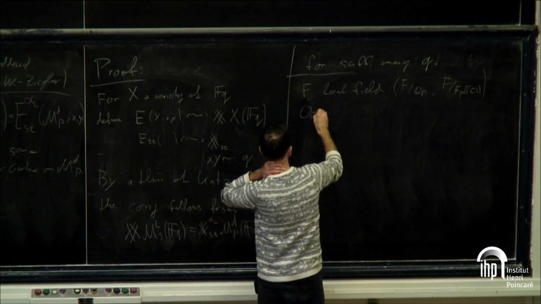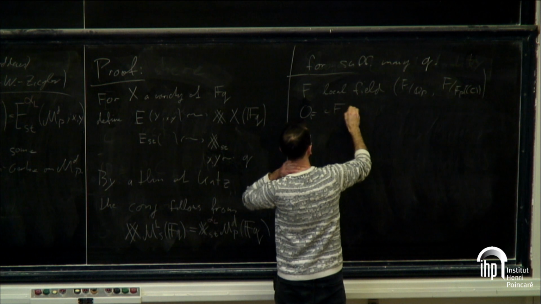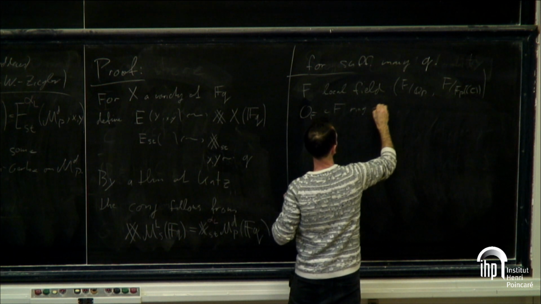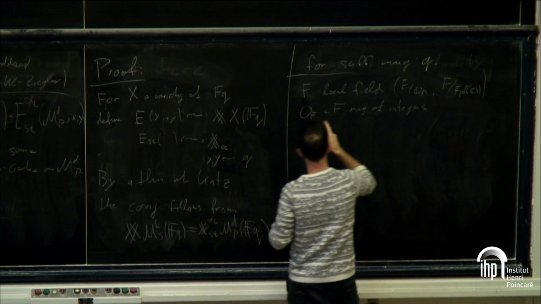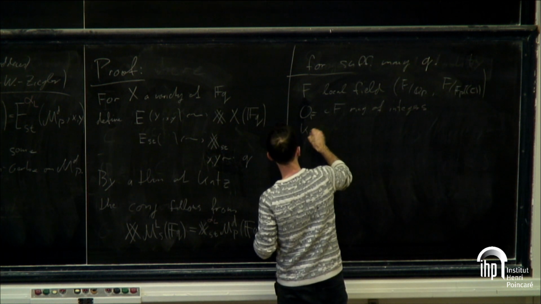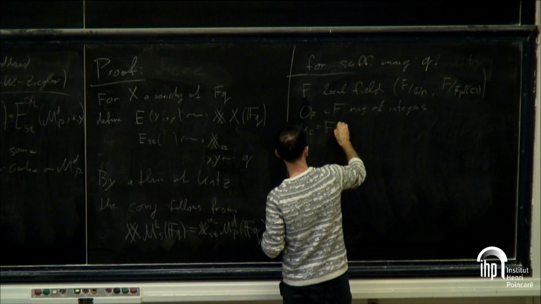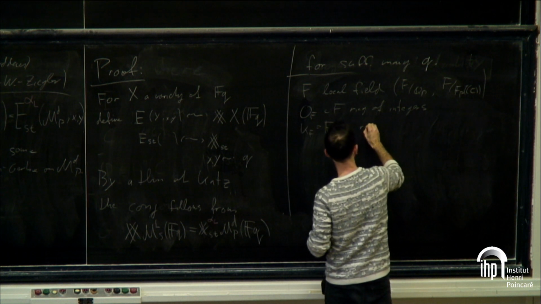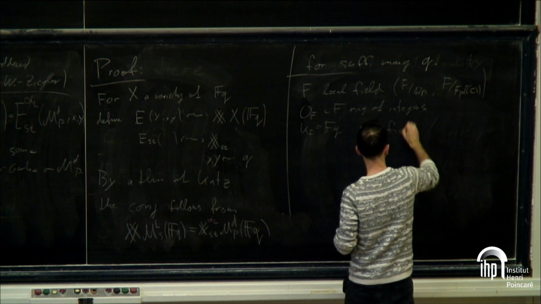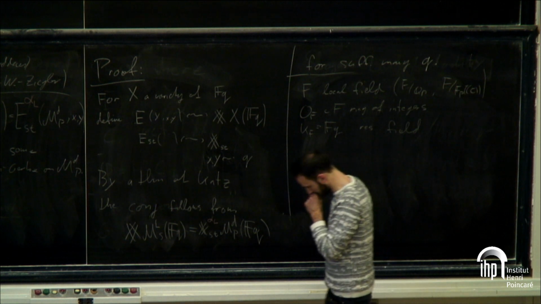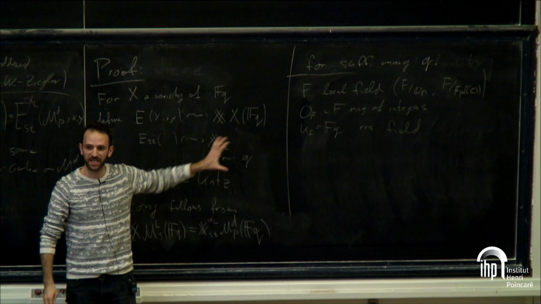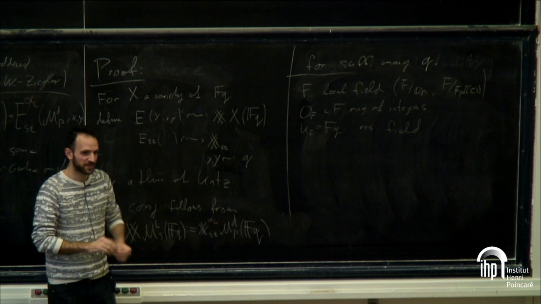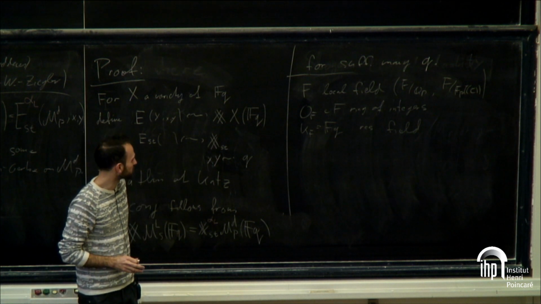O_F is going to be the ring of integers. And what is k_F? Fq is going to be the residue field. Now I just assume that you're much more comfortable with p-adic numbers, and you all know p-adic integration more or less.